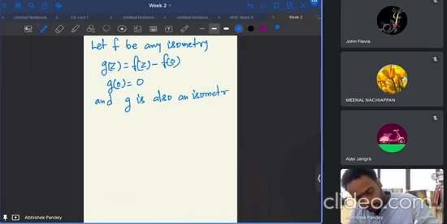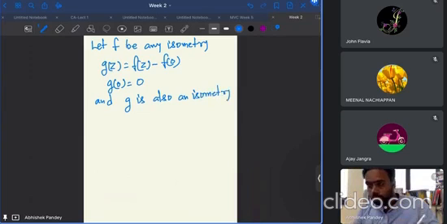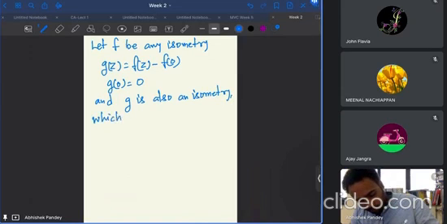I hope it is clear to everyone. So g is also an isometry which fixes the origin.